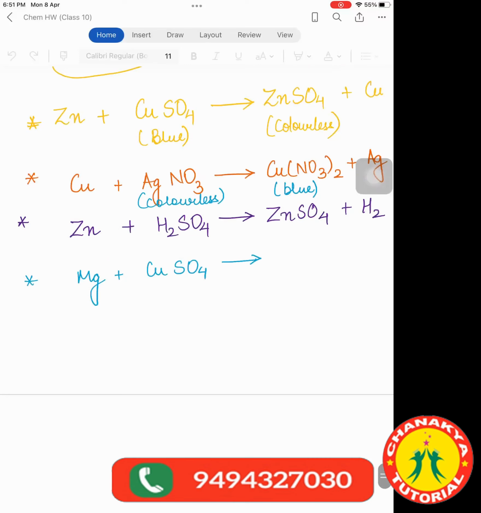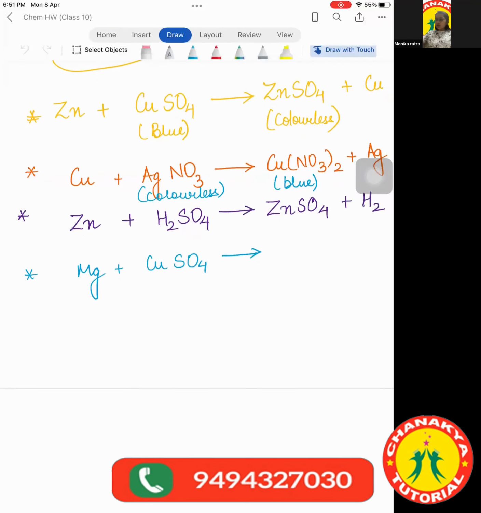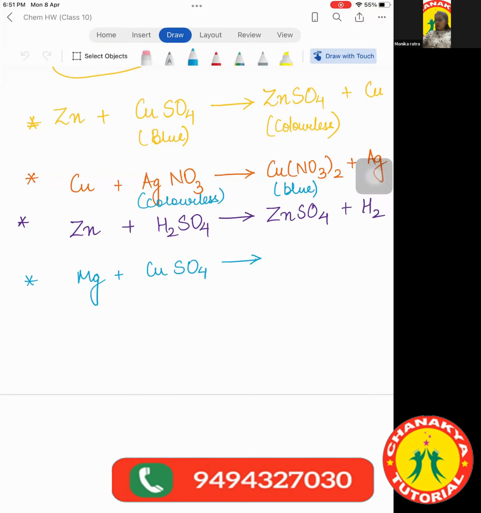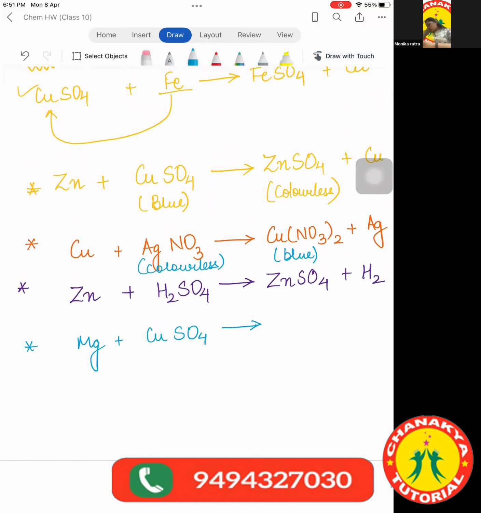Okay. So yes, we were discussing this equation, and I was telling that this reaction will take place. Why? Because magnesium is more reactive than copper. So it is going to take the place of copper, and it is going to lead to the formation of MgSO4 and copper.